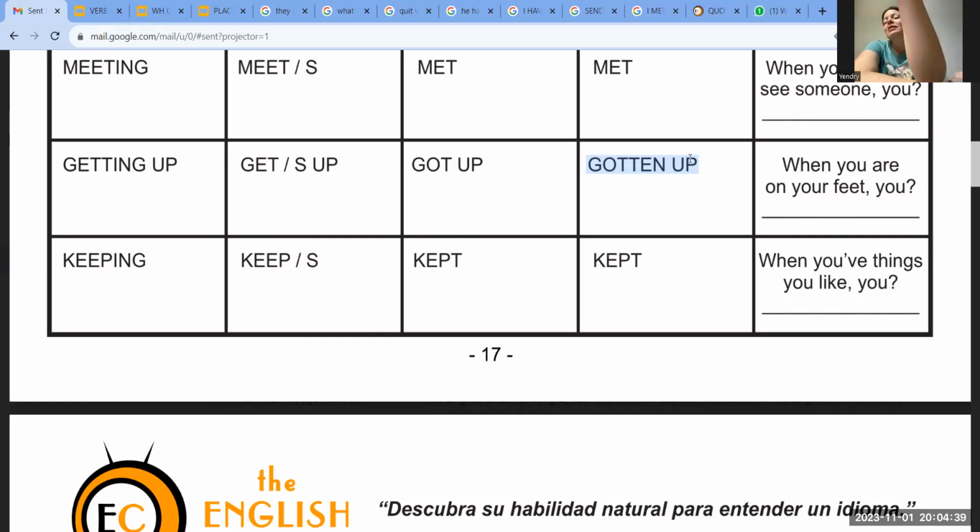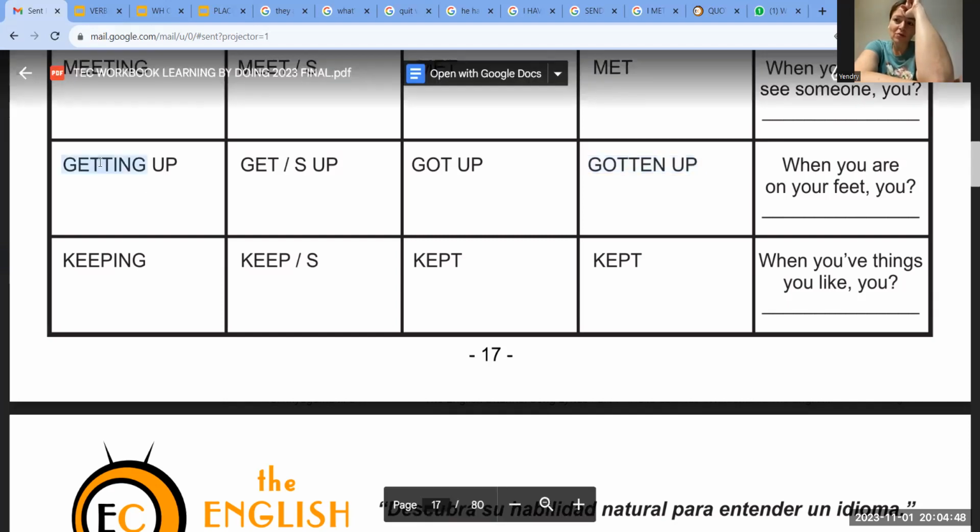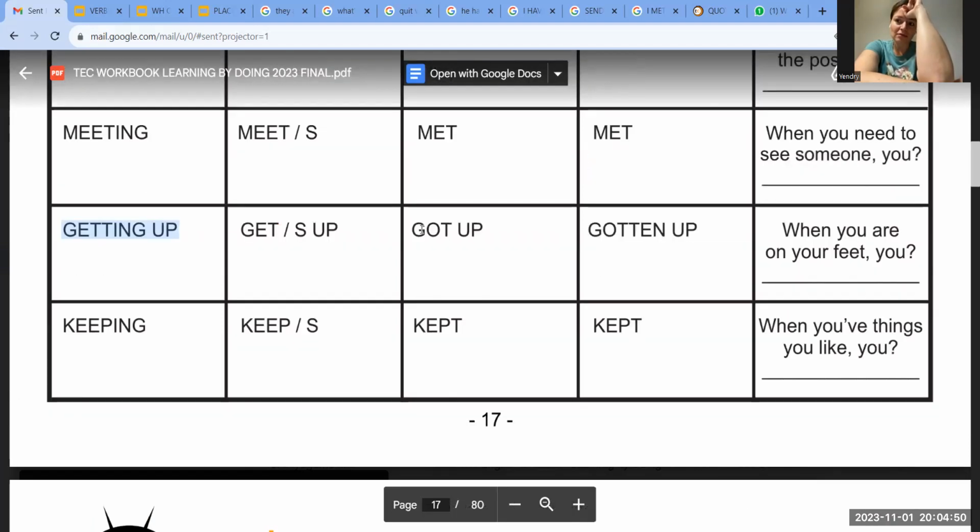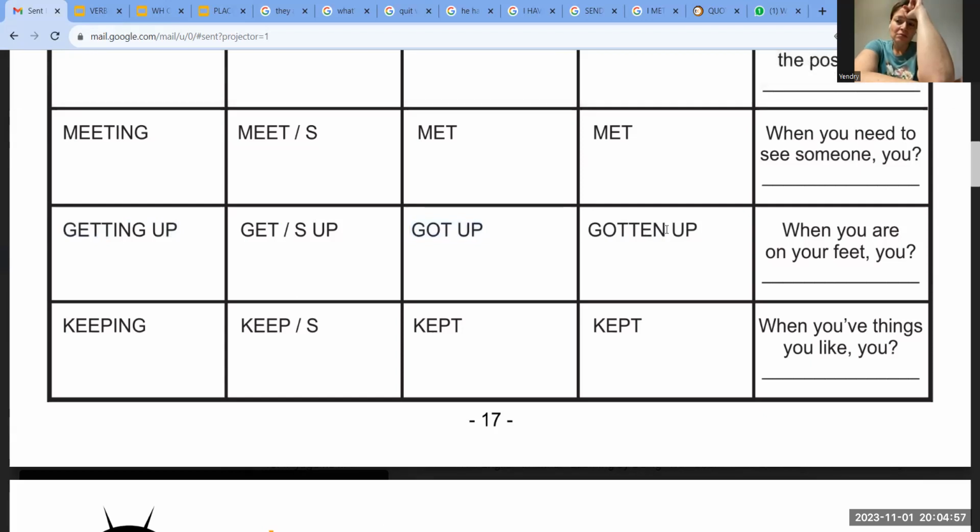Obviamente, cuando terminas en T, ahí está bien. Pero hay otras que no. Not all the time, but it is something that happens. What I think happens is that when it's in the middle of the word, it's very softened.